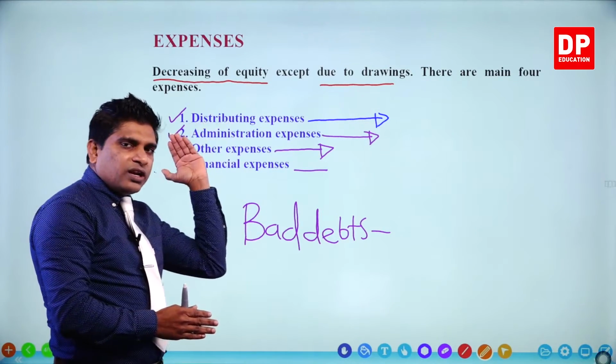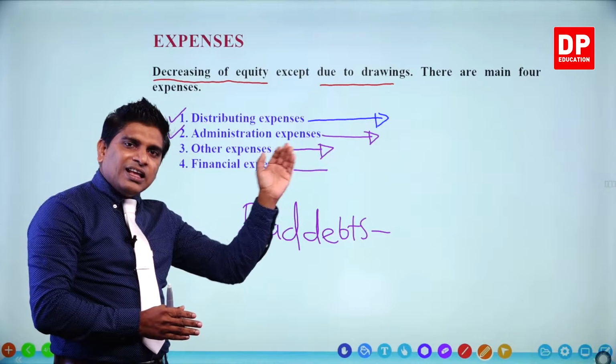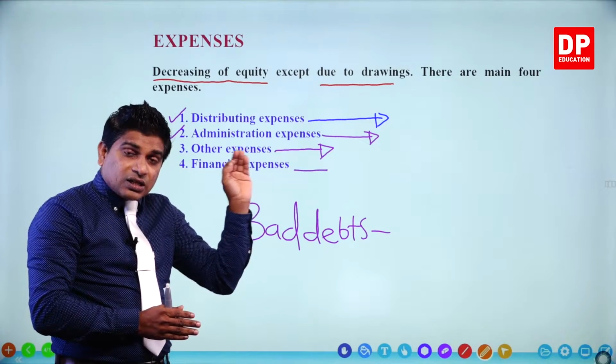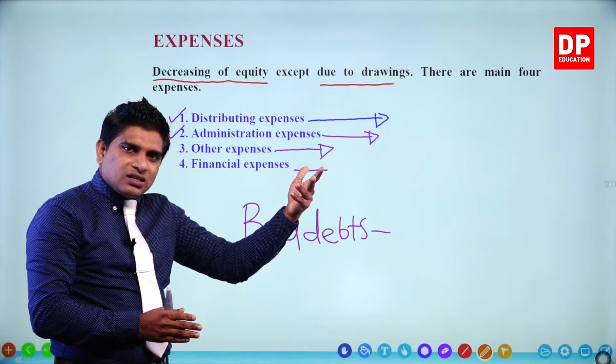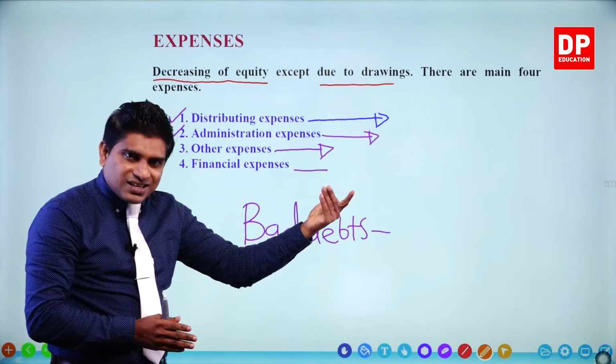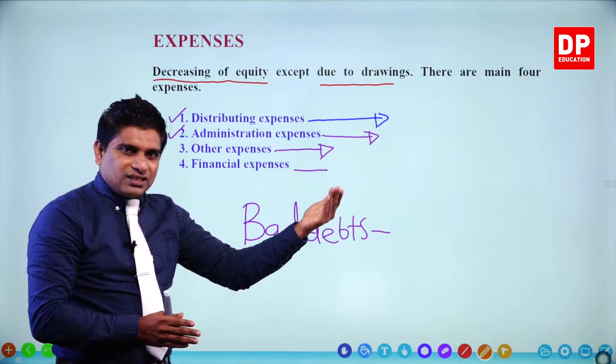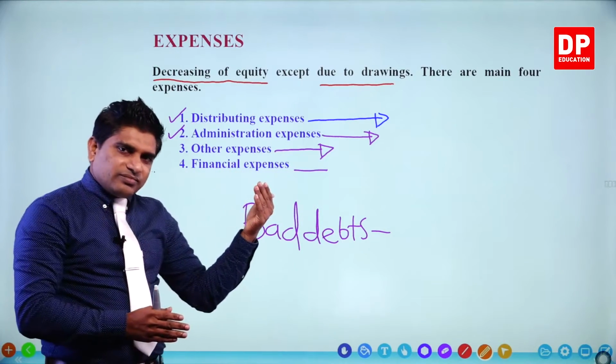Now I'll revise again, I'll give a summary. Distributing means distributing related activities: commission expenses paid by the business for sellers, sellers' commission, and advertising.